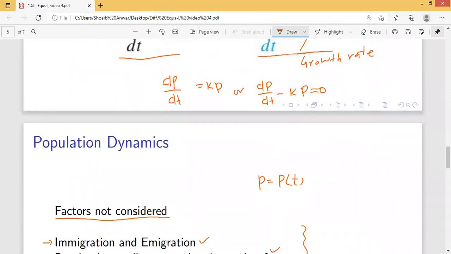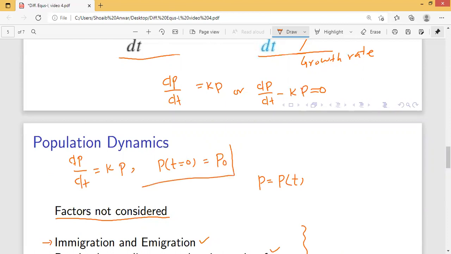Meaning, in a more confined form, you can write your problem as dP by dt is equal to kP with alongside initial condition P at time t is equal to 0 is equal to P naught.